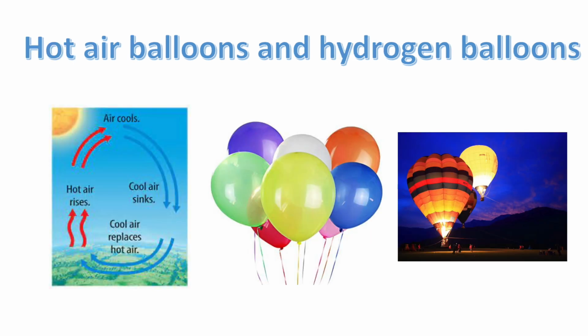Hot air balloons and hydrogen balloons. Hot air is lighter than cold air. Actually, these different weather patterns are due to this difference in density of hot air and cold air.